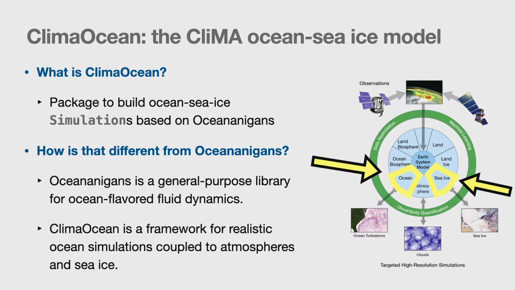So typically you need a bathymetry, you need a forcing that can come from a prescribed atmosphere. You need to compute fluxes of water vapor, of heat, of trace gases. You need to initialize the model with realistic initial conditions that typically come from climatology, and sometimes you need to relax your model with the same climatology.